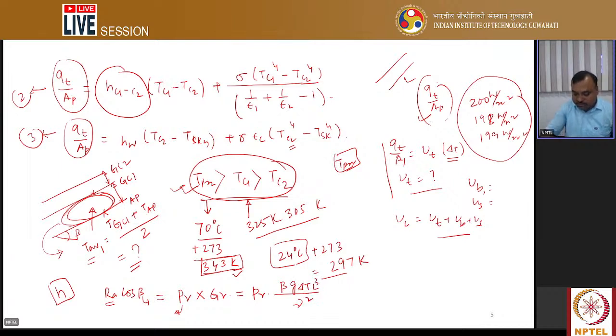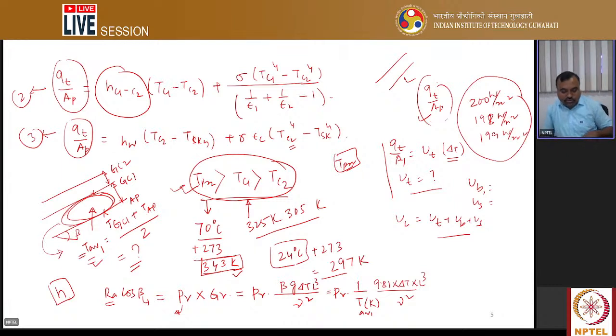This beta is 1 by T average, which will be in Kelvin. Then g is 9.81, and delta T we know, the temperature difference between these two plates. L is the characteristic length between these two plates, so this is L cube, and nu we will get at that particular temperature.